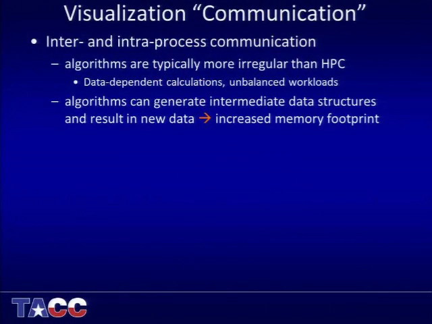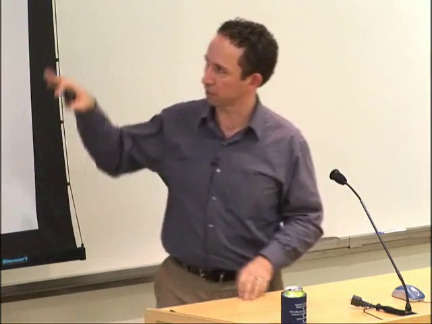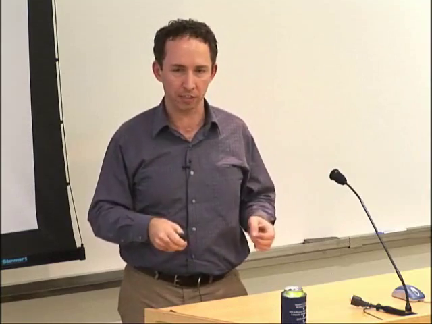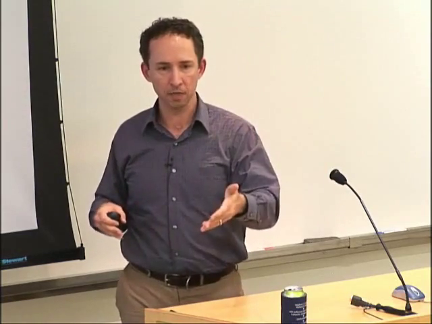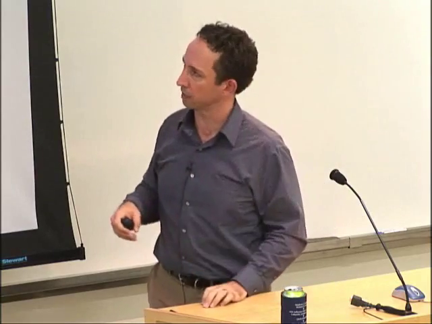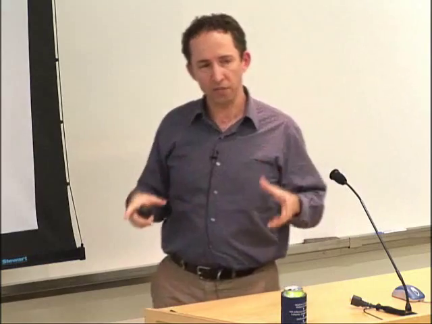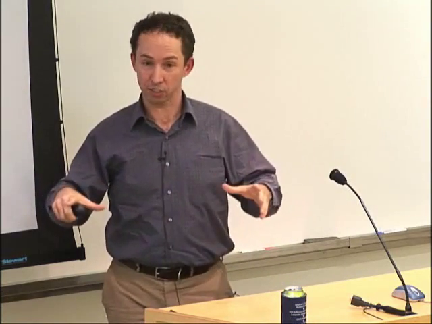Okay, so the algorithms tend to be more demanding on the hardware than a typical HPC algorithm for a couple of reasons. First, the calculations tend to be more irregular. There's data-driven calculations. Think traversing a tree or searching for a particular ISO value in a data set. You also generate new data. So if you're doing that weather simulation, the region of the country you're simulating never changes, right?